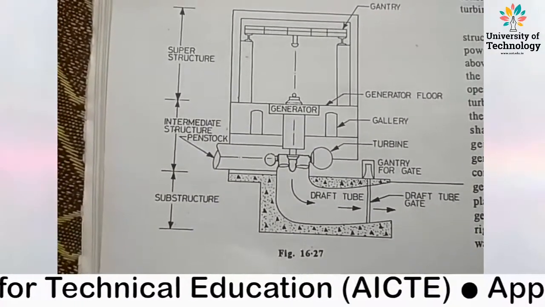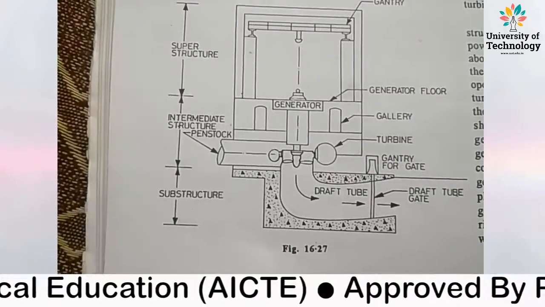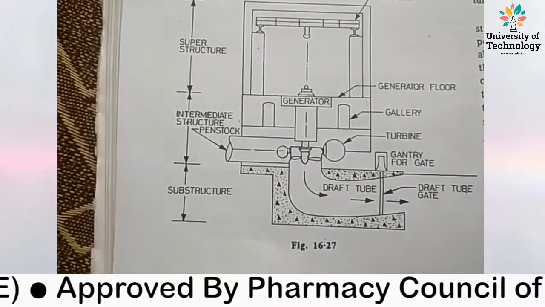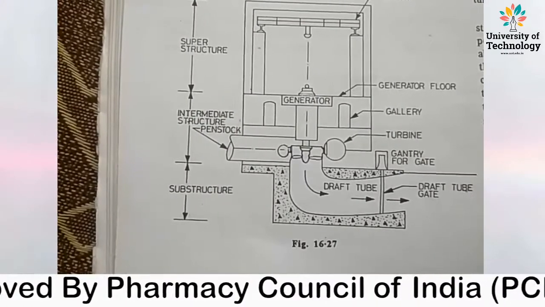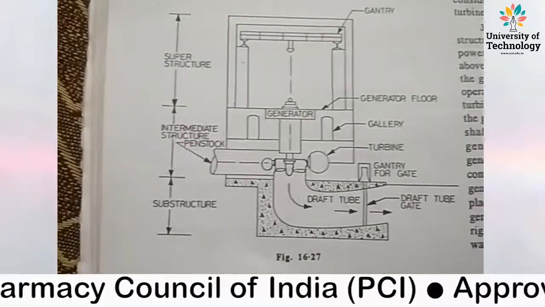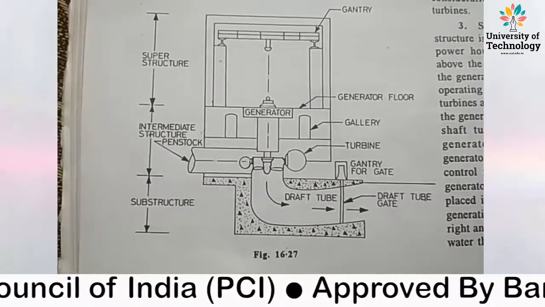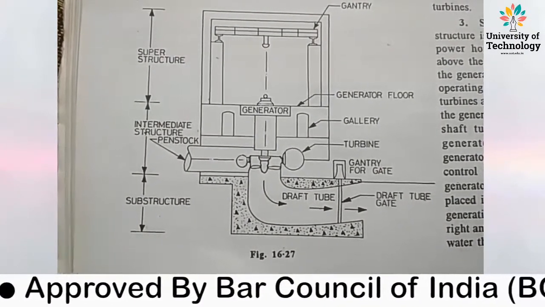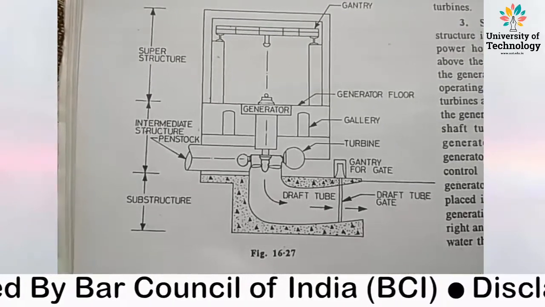The elevation of the turbine with respect to the tailwater level is determined by cavitation consideration in the case of a reaction turbine. We have already discussed this. What is cavitation? You can see the previous video regarding this.